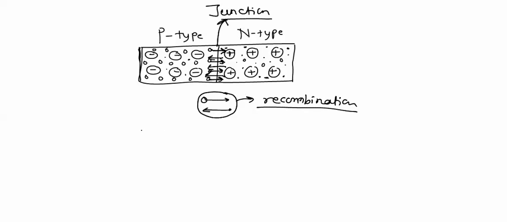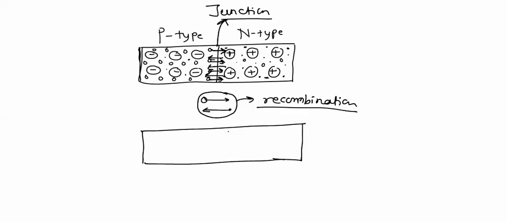There will be a large number of recombinations, and due to the recombination, a large number of bonds will be formed, and a region is formed near the junction which consists of positive ions on the N side and negative ions on the P side, while the rest of the material will be as it is.